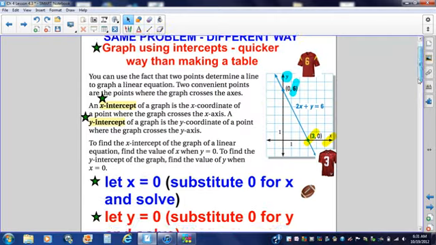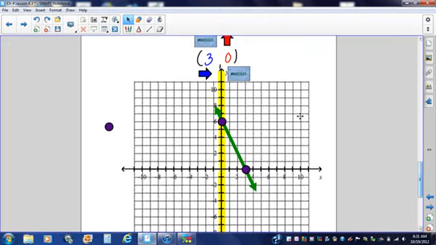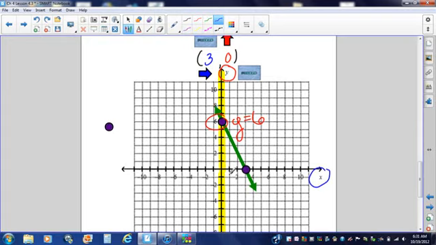Here, my y-intercept is 6. My x-intercept, 1, 2, is 3.